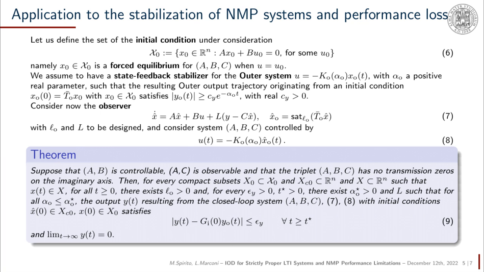And we have the stability property of the output. Here GI0 is the static gain of the inner system, and by the properties of the inner system, self-adjoint being equal to the identity map, such static gain matrix is actually an orthonormal matrix.